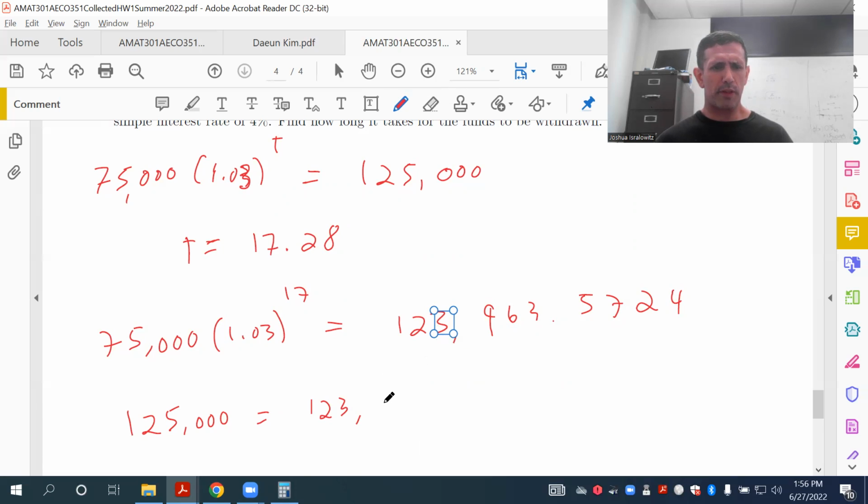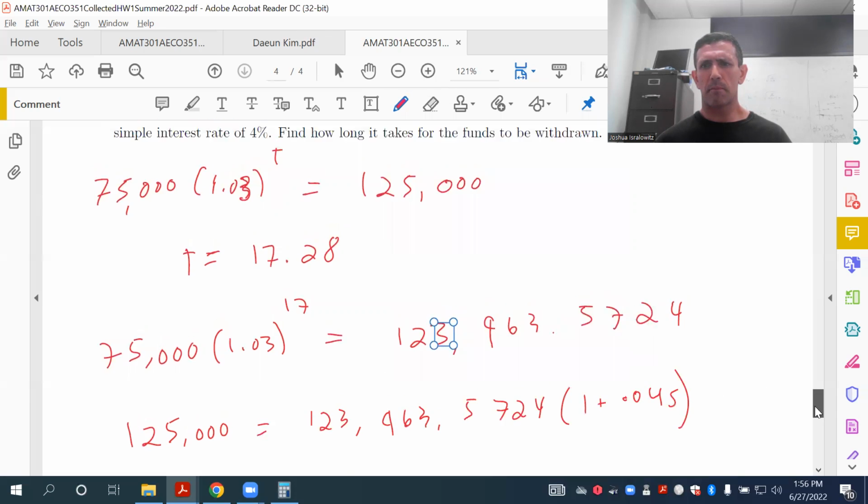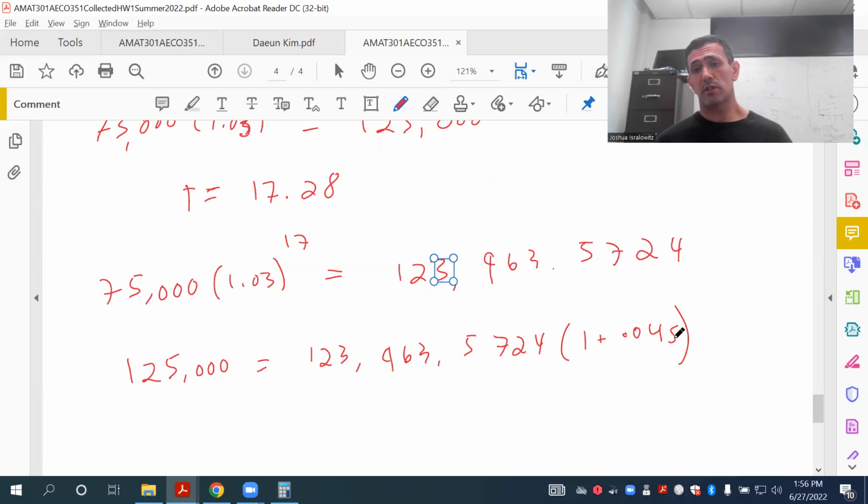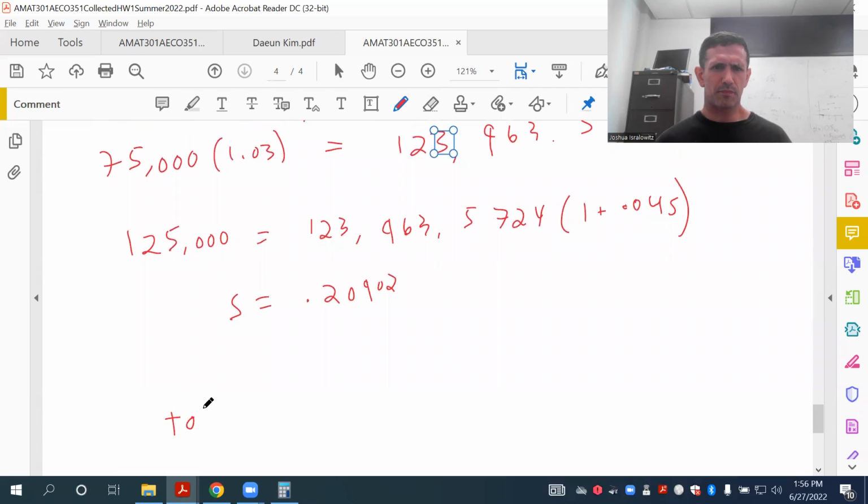So 123,963.5724 sits in the account and earns simple interest at 4% for s number of years. s is a fraction. So we solve for s and we get 0.20902, for a total of 17.20902 years.